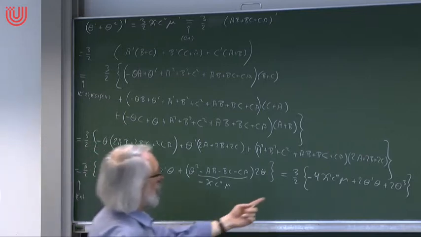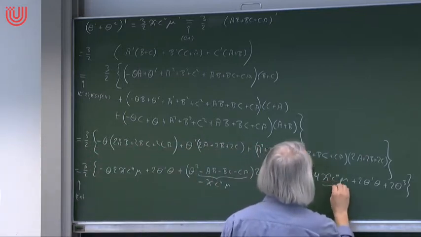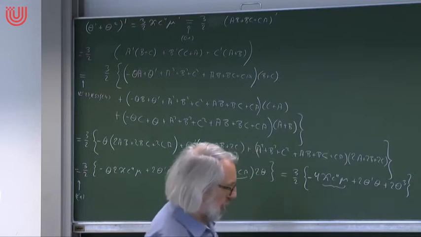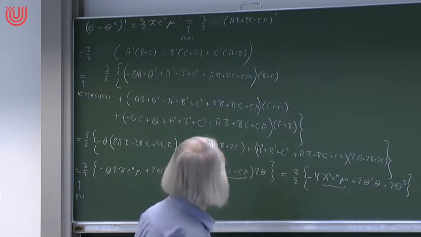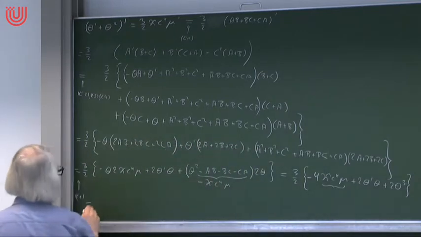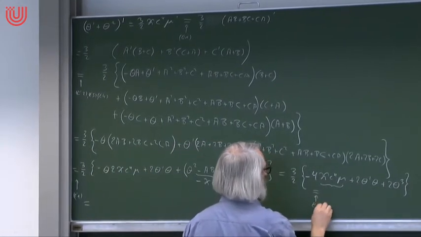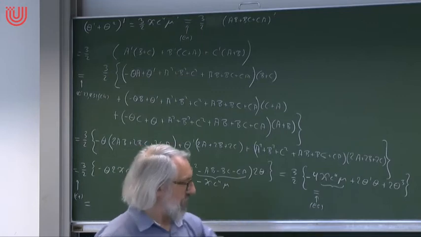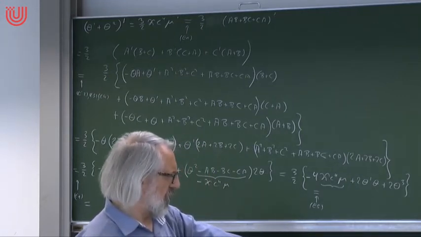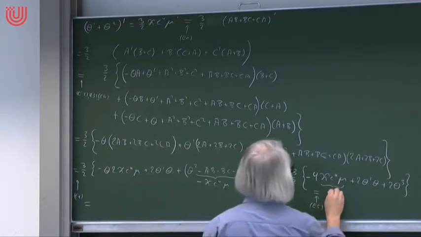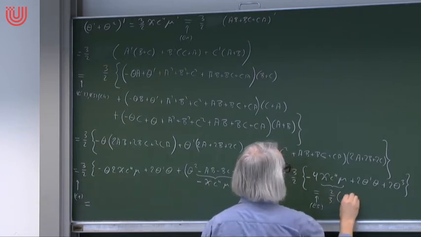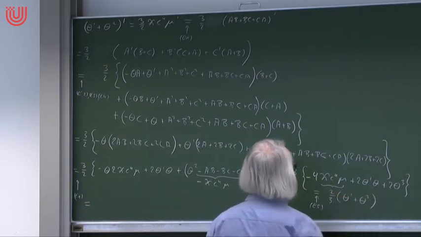And now we resubstitute for kappa c to the four mu what we have found down there. This is E5. Kappa c to the four mu is 2/3 theta prime plus theta squared.